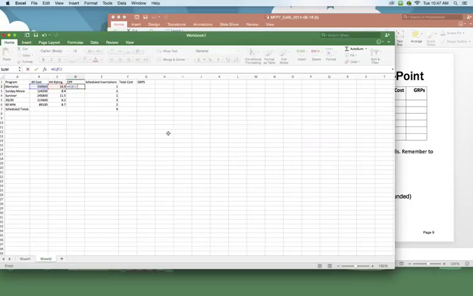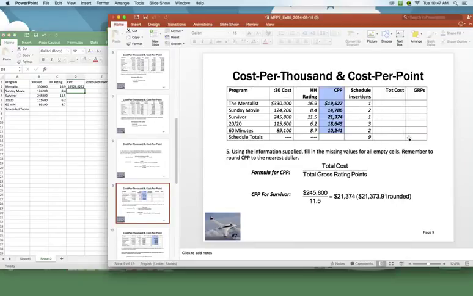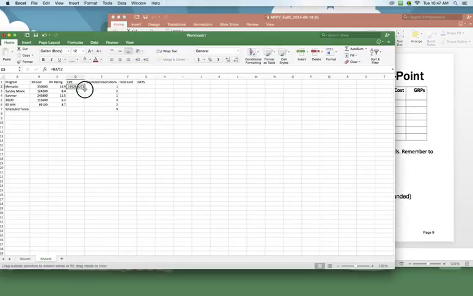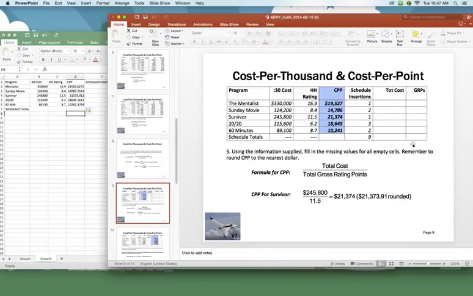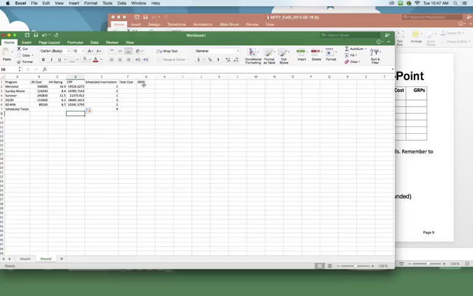Just holding the shift key down. And that's your CPP. Scroll down, easy enough again. You'll see that corresponds with everything we're dealing with here. It can be a little messy in Excel, but overall, if you just pay attention to what you're doing, you can round to the hundredths place pretty easily.